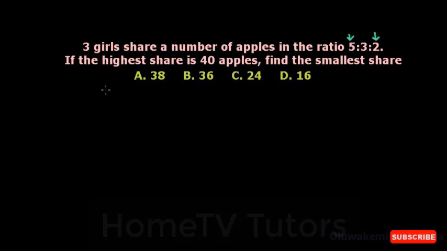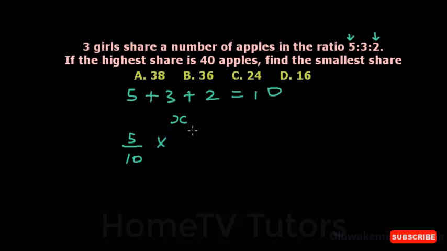Okay, but let's solve it out. So the total number of ratio is 5 plus 3 plus 2, which gives us 10. Alright, so let the total number of apples be X. Now for the largest share ratio, we have 5/10 times the total number of apples, X, which is equal to 40 apples.